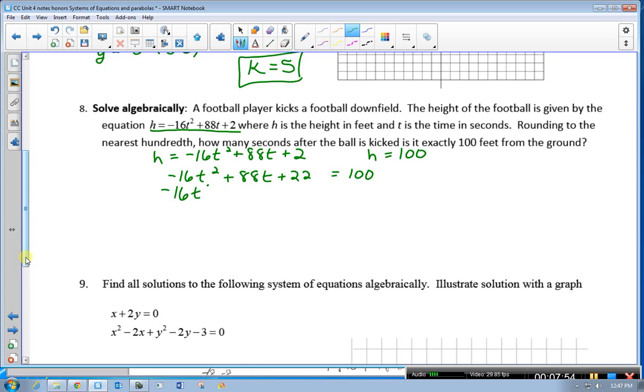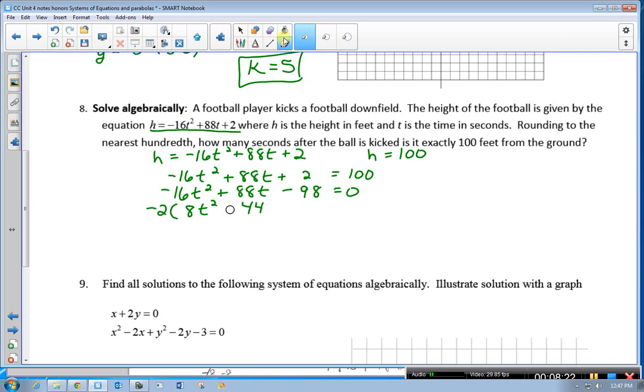So negative 16t squared plus 88t minus, it's not plus 22, it's minus 98 equals 0. Let's see, we can factor out a negative 2. So I'd have 8t squared minus 44t, and then plus 49.